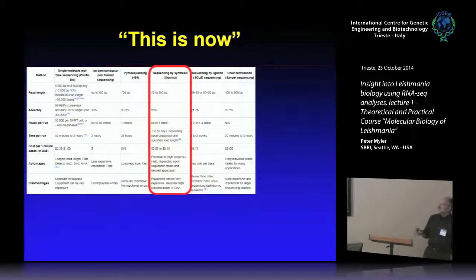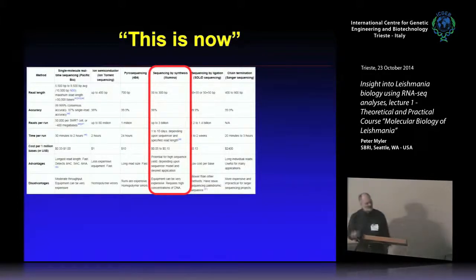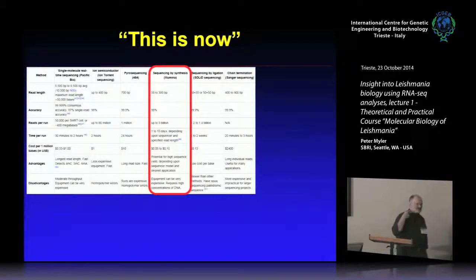So if you do Illumina sequencing and you do assemblies with Illumina sequencing, you will end up with genomes like the L. infantum genome, the L. donovani genome. They are 95% accurate, but they have assembly errors and gaps in them. So you can't get a closed genome by this. You'll get a draft genome.